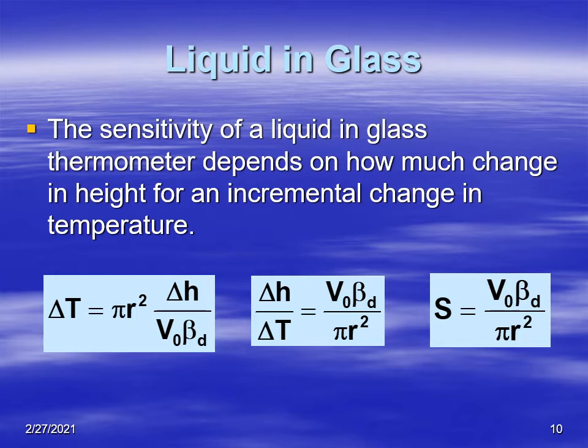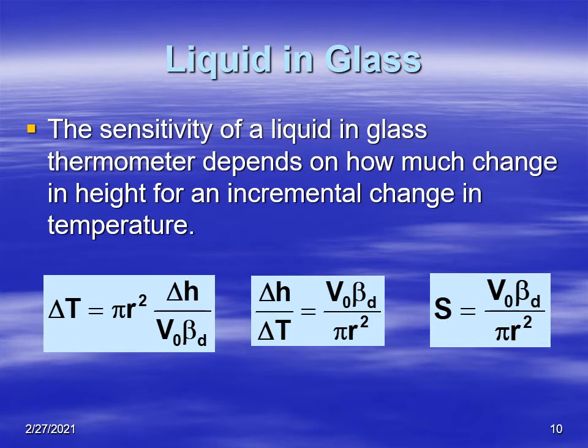How high does the mercury or alcohol go with a change in temperature? That's related to V naught, which is your initial volume in the bulb, the thermal expansion coefficient beta, and also the area of the capillary, pi r squared. So that is now the equation for sensitivity.